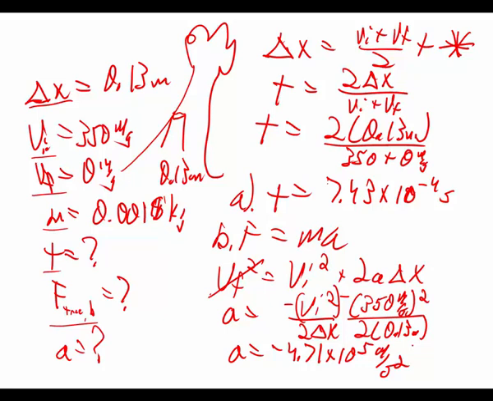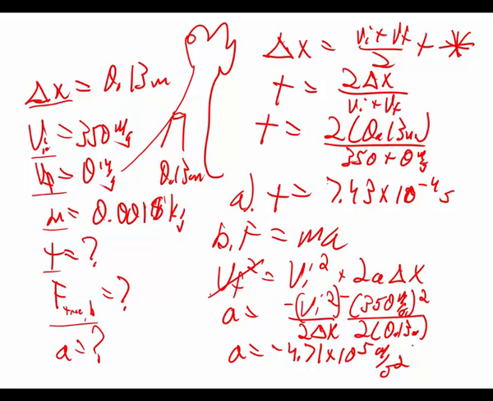All right, now we can solve it. We know the mass of the bullet, don't we? Because what do we know about Newton's third law? Whatever force the tree applies to the bullet is the same force that the bullet applied to the tree, right? Newton's third law. It has to be, y'all.